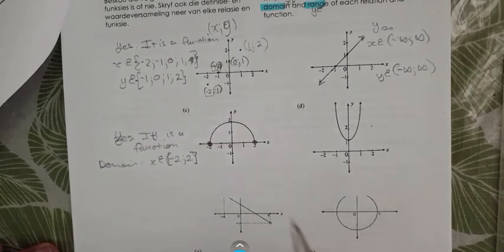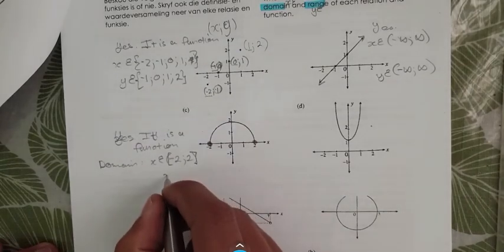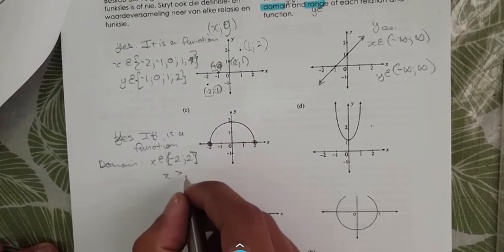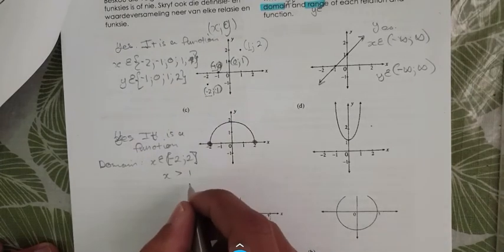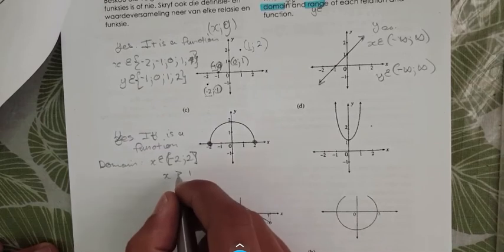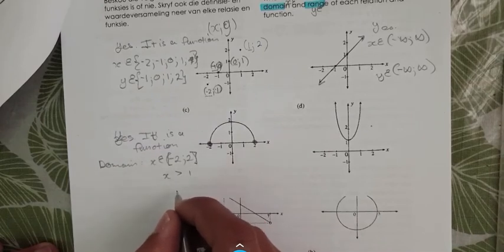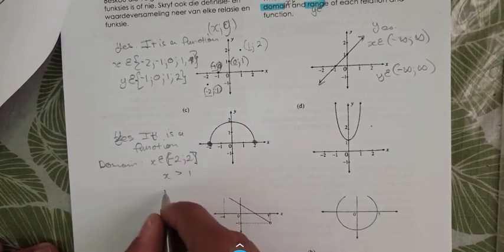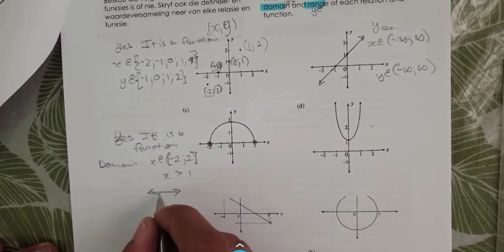Alright. Remember when we did inequalities earlier this year, and we said that x is, say, greater than 1 or greater than or equal to 1. What does that read as? It reads x is greater than 1. So if I draw the number line like this, say I have 0, 1, 2, where will x be?